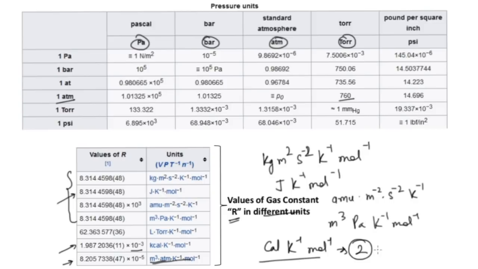You just have to divide this term by 4.2 to convert joules into calories. I already told you that 1 calorie is equal to 4.2 joules, so the value of R also gets converted. So in calorie per Kelvin per mole, you have to take R equal to 2.